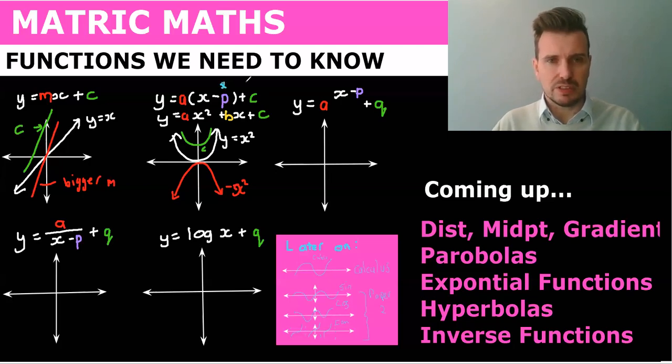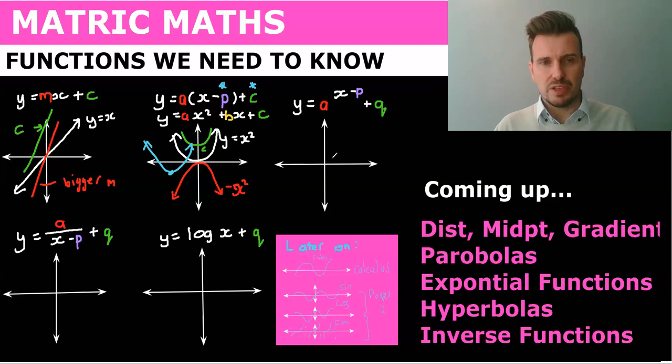And I'm just going to star it here. So if it was here, this value here is the turning point. And so this point here, the x value would be p, and the y value would be c.